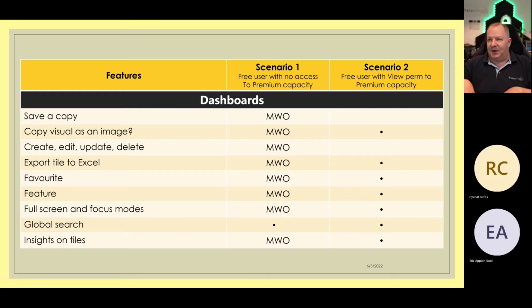And some of those, apart from save copy and the create and edit and delete, are available. So we can consume a report, but we can't edit it, update it, or delete it as a free user, even if it's in premium. We just read that report and run it. Okay. Global search is available on both, by the way, regardless of whether you're putting your files in my workspace or in a premium workspace.